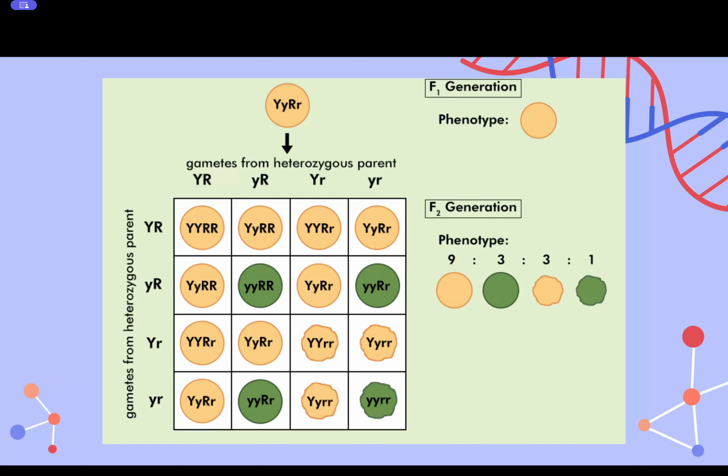It's always going to be a 9:3:3:1 ratio, except when there's linkage or crossing over or recombination, which is the same as crossing over, but we will talk about that after this.